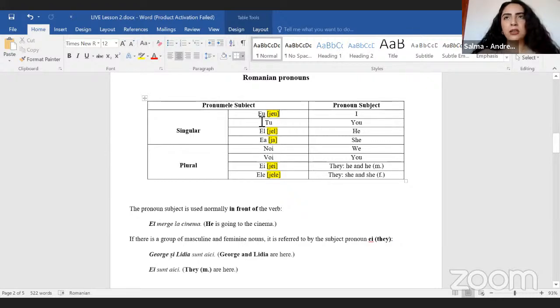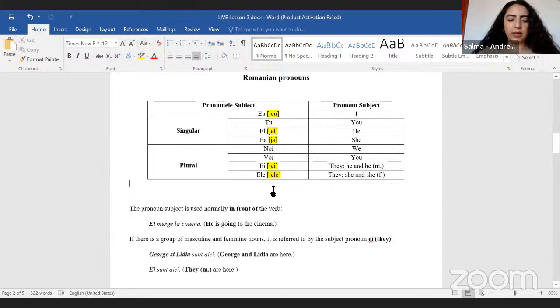So there are actually a few words that we are going to go through today, some of them, not all of them, that are written with an E at the beginning, but when we pronounce them, we can hear a Y sound. Eu, el, ea, ei, ele. This does not go for every word in Romanian that begins with an E, and that is very important to tackle right now.